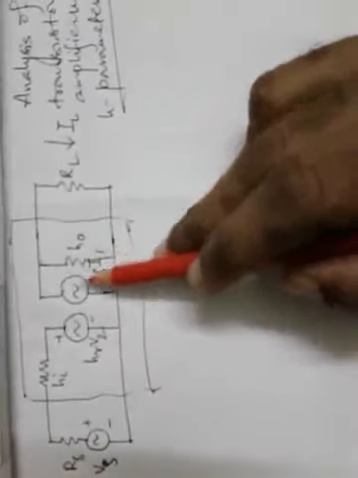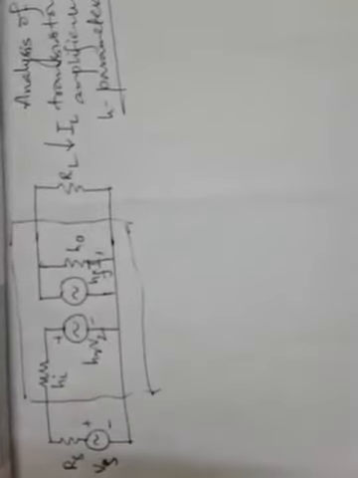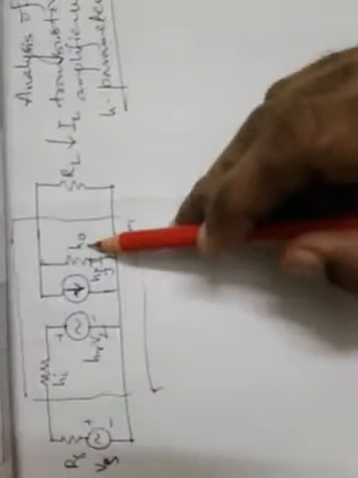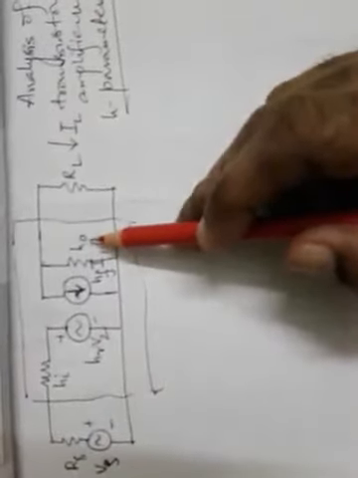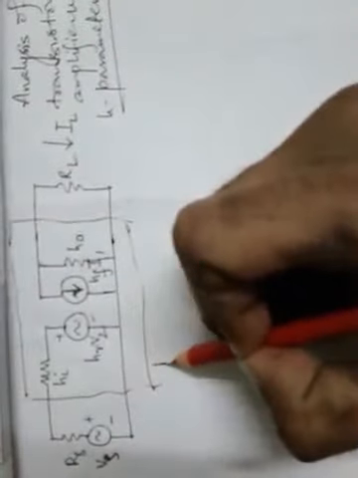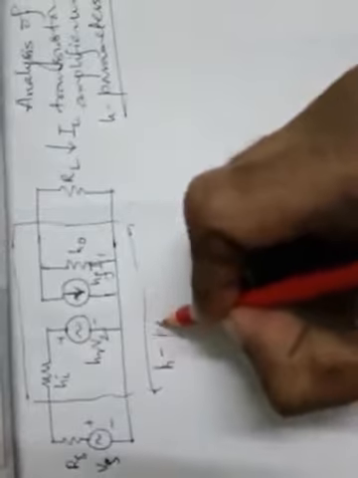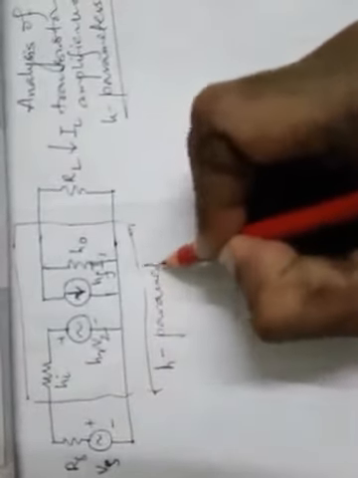This is represented by a current source which is HFI1. It is basically a current source, and this output admittance HO. So this boxed portion is representing the H parameter equivalent circuit.